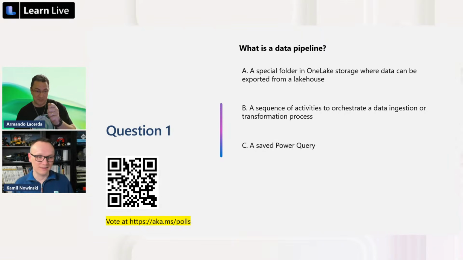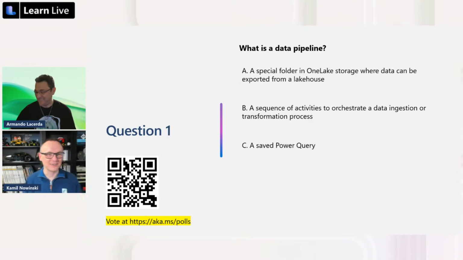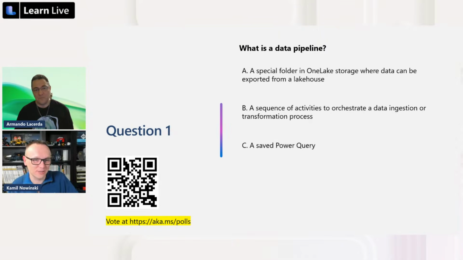Get your cell phone. You can follow the QR code or just manually put the URL in your browser. You have to go there, otherwise you don't see your answer.